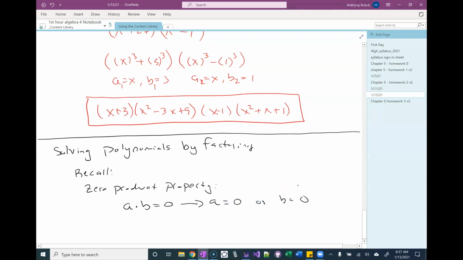So from last semester, we talked about the zero product property that stated if you have 2 things multiplied together, and they equal 0, one of those two things has to equal 0.